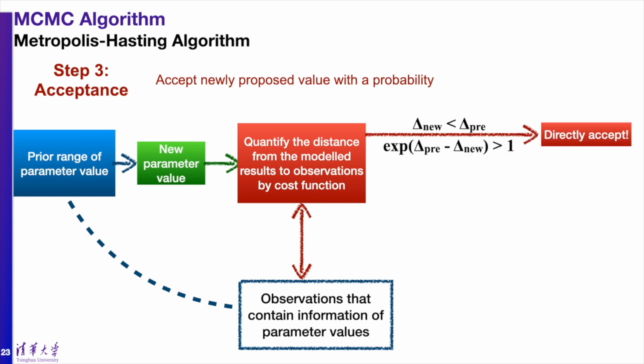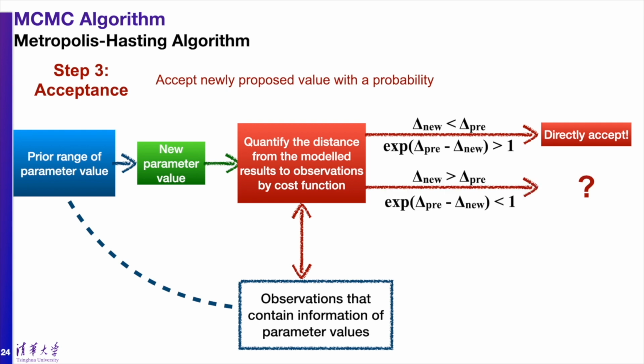In this case, for each newly proposed parameter value, we can compare its cost function results with the previously accepted ones. If the new cost is smaller than the previous one, we may directly accept the newly proposed parameter value.